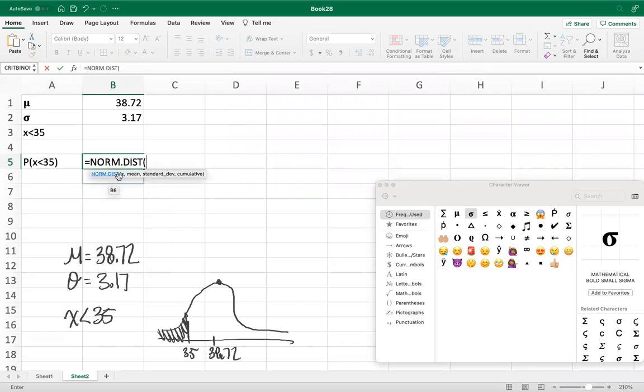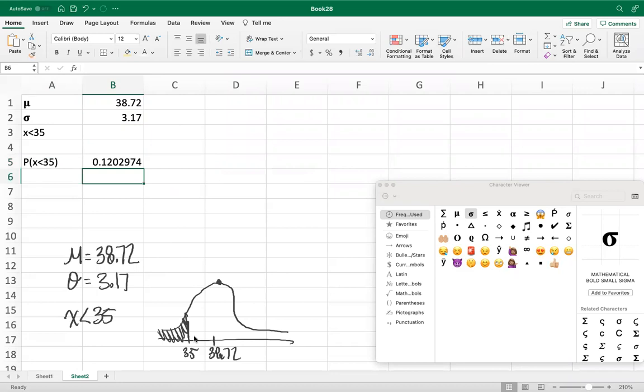X in this case is 35, with the mean 38.72, standard deviation 3.17, and cumulative true because we want the entire area under that curve. And there we go. The area here is 0.12029, so 0.1203.